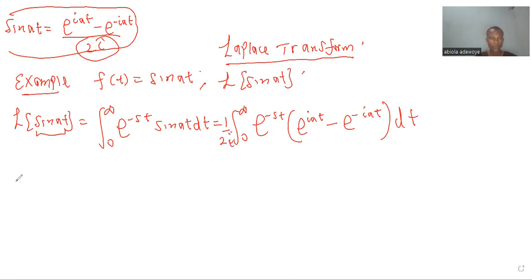Now, opening the bracket, I'm going to have 1 over 2i, limit as t tends to infinity, integral from 0 to t. Don't forget t is tending to infinity.